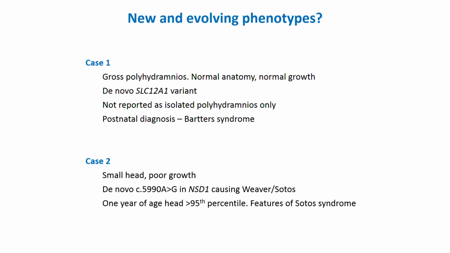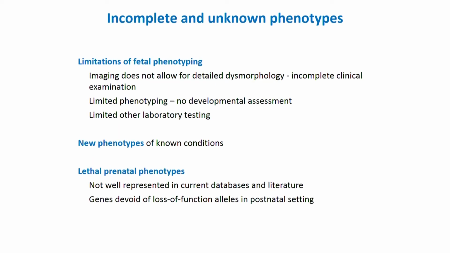At 1 year of age, the baby's head was more than the 95th percentile, and the baby had facial features of Sotos syndrome. Since we found this case, I've identified another similar report in the literature of poor growth antenatally that was subsequently recognised as Sotos syndrome postnatally. So here we are, recognising genes that we know with new phenotypes prenatally. The other thing is that ultrasound really, or whatever imaging we do prenatally, offers us a limited phenotyping.